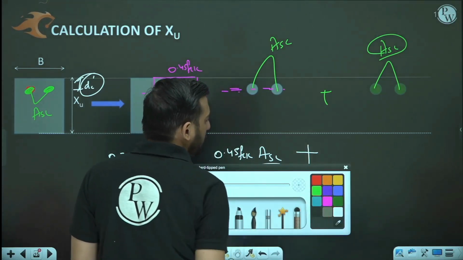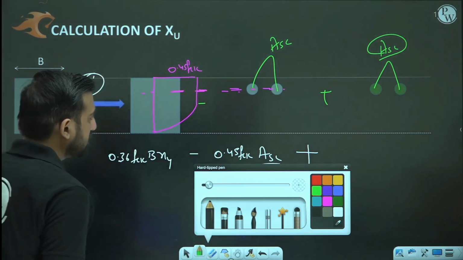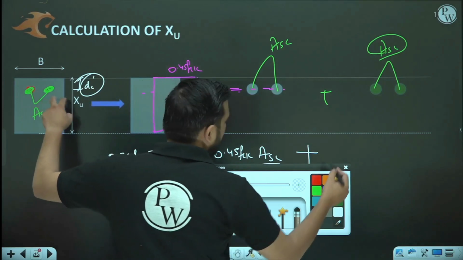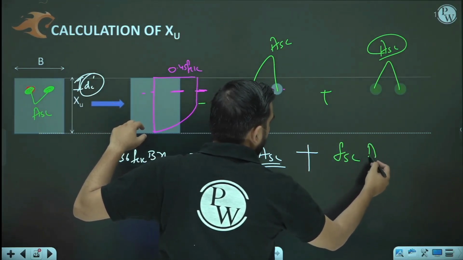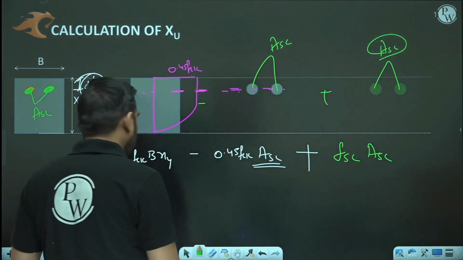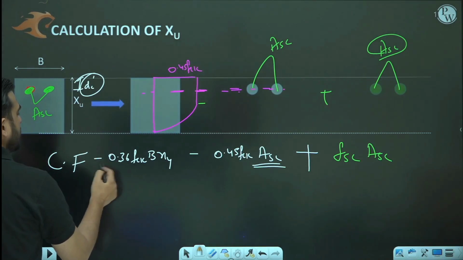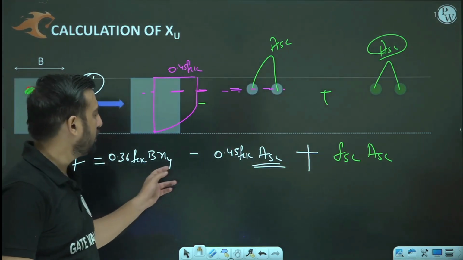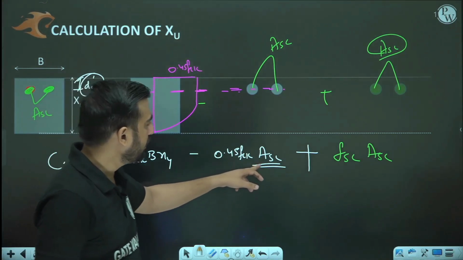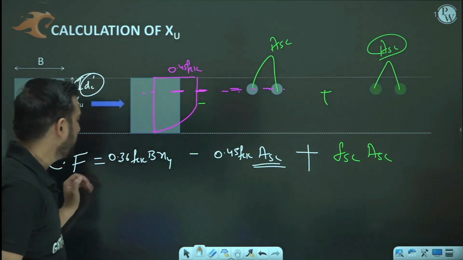Now come to the steel. Let's suppose the amount of stress developed in this steel is FSC, stress in steel in compression, multiplied by the area here. So the resultant compressive force, which is there due to concrete, due to non-availability of concrete, and due to the presence of steel, is given by this combination.